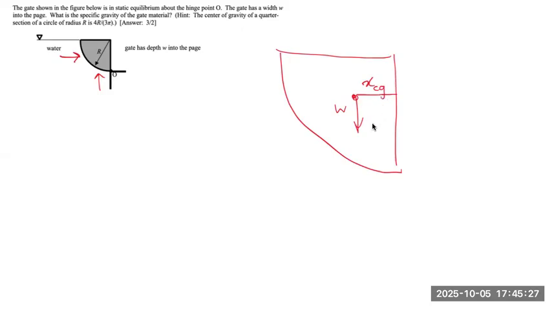And we also have a pressure force in the x direction and a vertical pressure force.